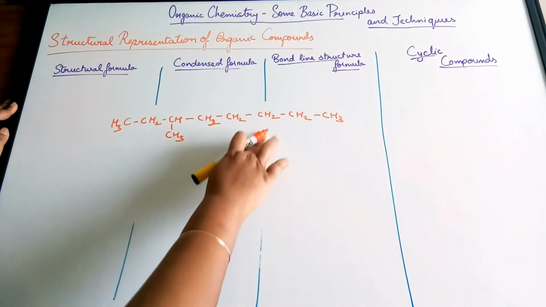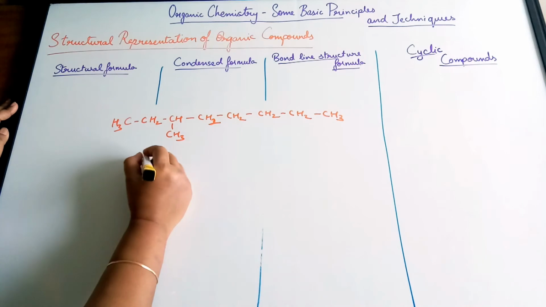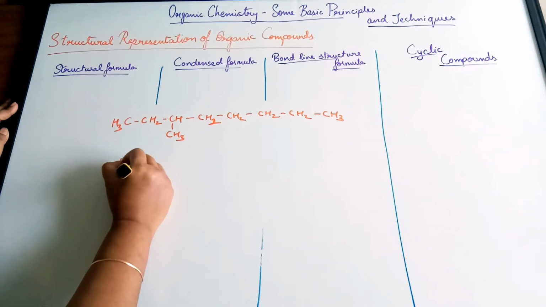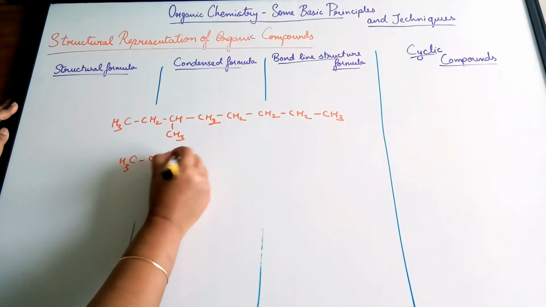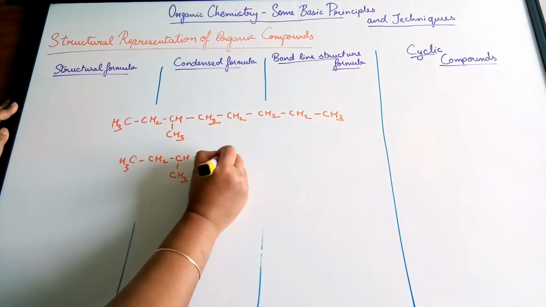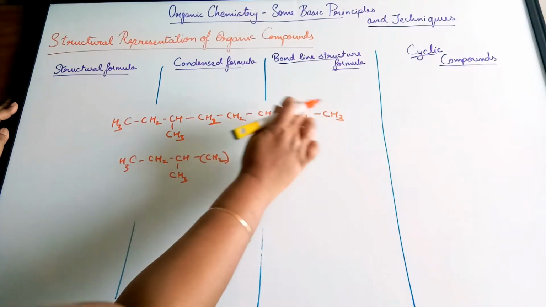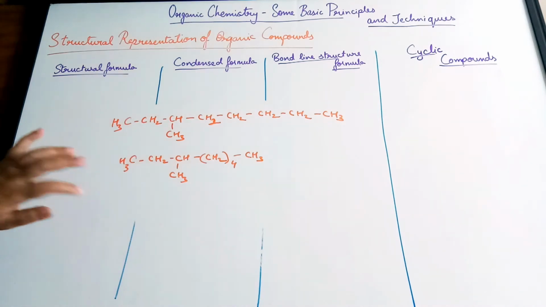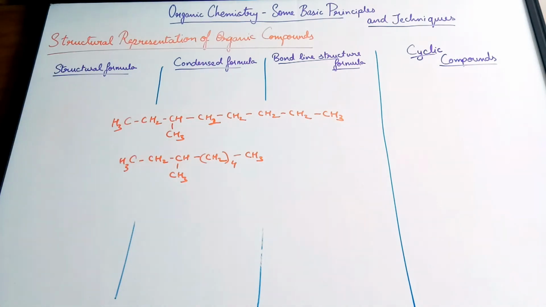This can be condensed and written down as CH3, CH2, CH with a CH3 attached, then CH2 how many times? 1, 2, 3, 4, 4 times, CH3. So we're just condensing that further and writing it like this.